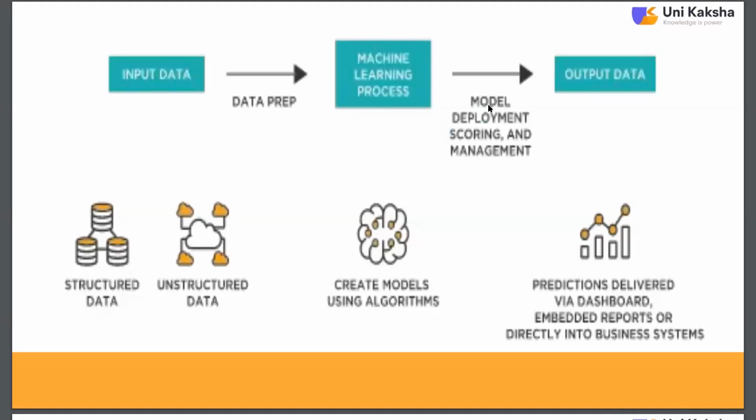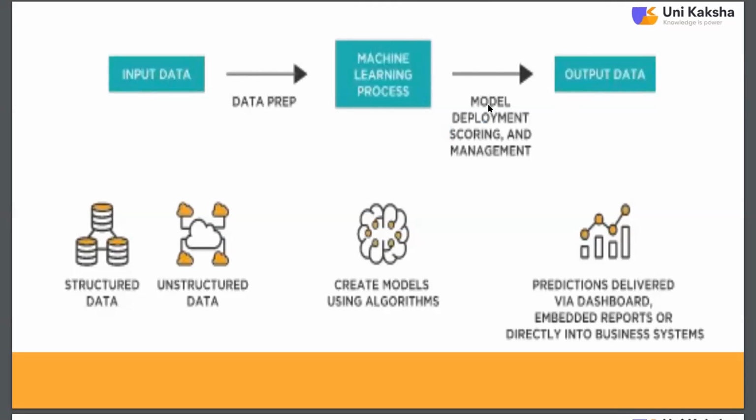Okay, so this is the machine learning process. Input data is provided to the machine, and the machine learning process takes place. Then we deploy that to different kinds of systems to get the output data. Data can be of two types: structured data or unstructured data.